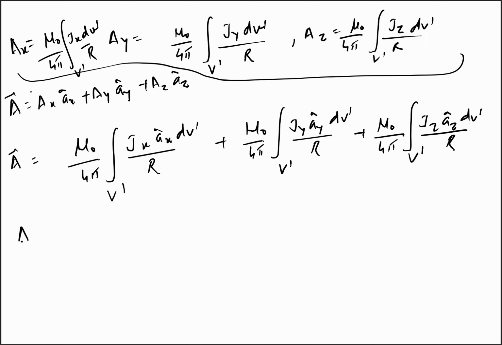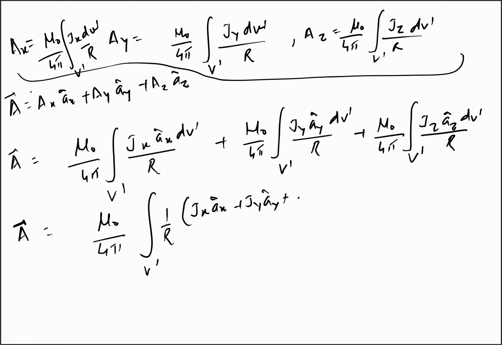So A can be written as, I can take mu naught upon 4 pi common, and I can take this integral with 1 by r outside, of Jx ax plus Jy ay plus Jz az over the full volume v dash.